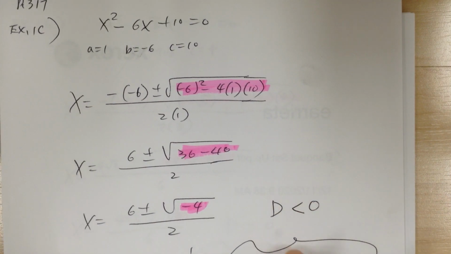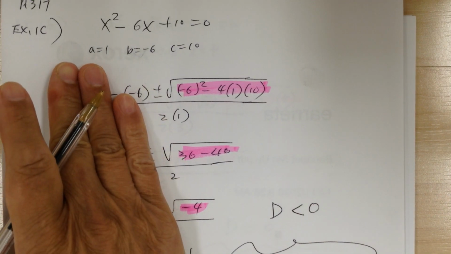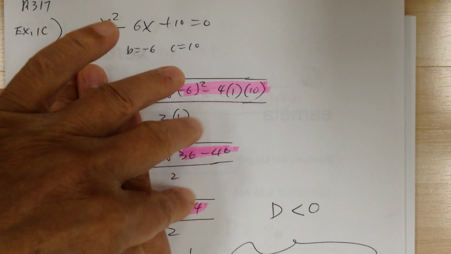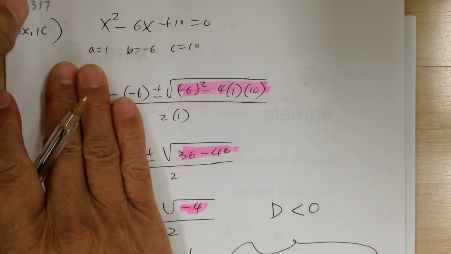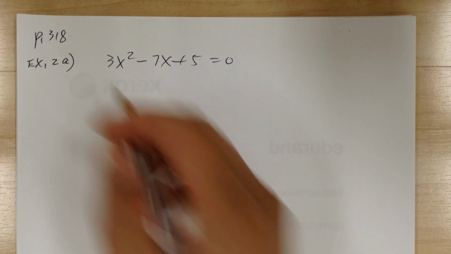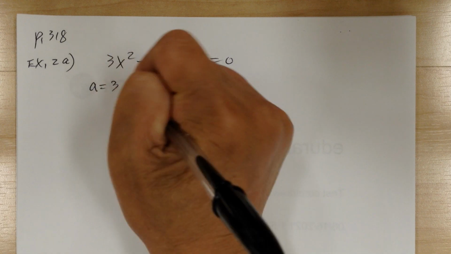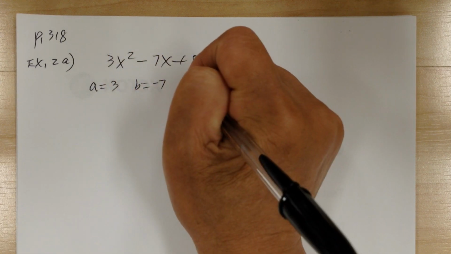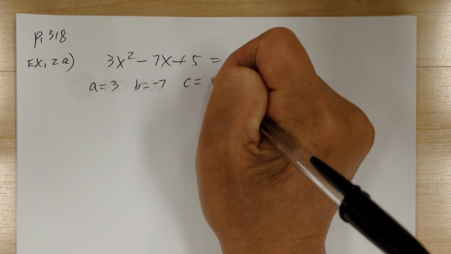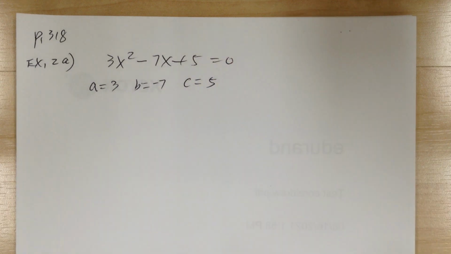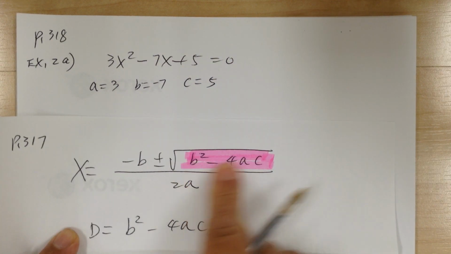So from example 1, we don't need all this part, because from this, we can tell what kind of answer you're going to get. So again, you got a equal to 3, b equal to -7, c equal to 5. And again, remember, that's your d, right?